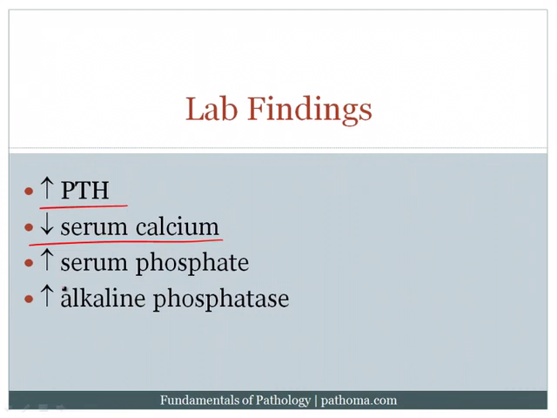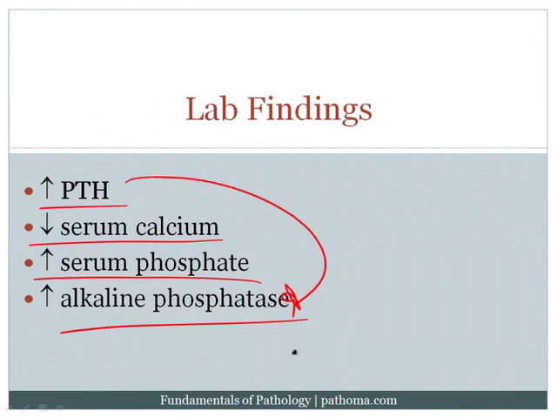Because remember that this process is driven by the fact that there's high phosphate, and when there's high phosphate, the serum calcium will actually be low, and so there'll be a low serum calcium and an increased serum phosphate. At the same time, there'll be a high alkaline phosphatase, and why is there a high alkaline phosphatase? Because the PTH is hitting the bone, in particular the osteoblasts, and so the osteoblasts are overactive, and so you've got a high alkaline phosphatase.